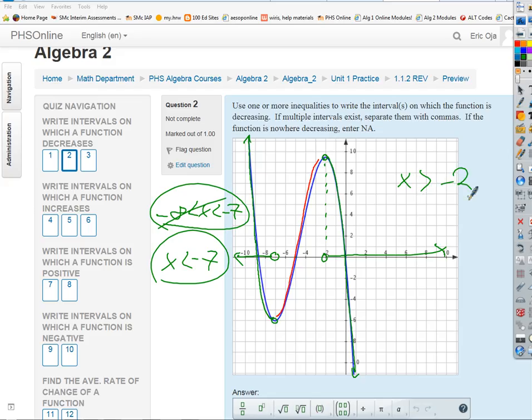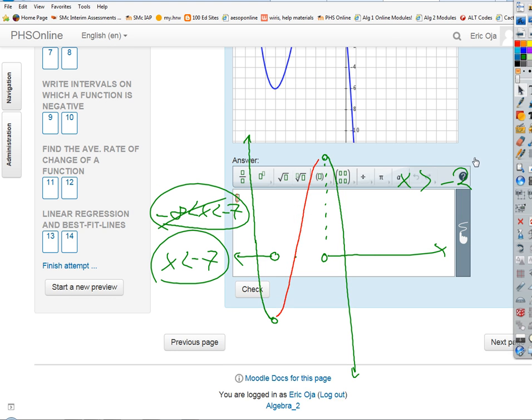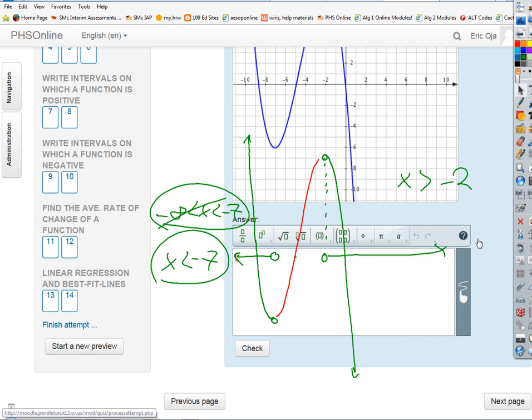It's those two intervals, where we just separate them with a comma, right? It should just look like this.